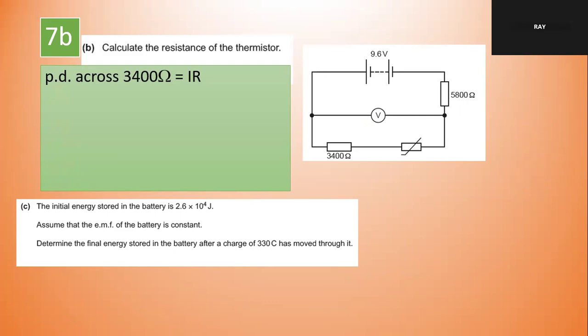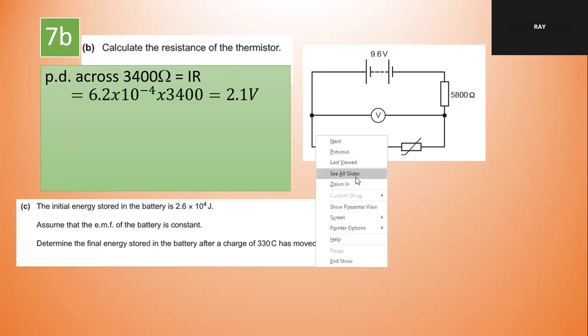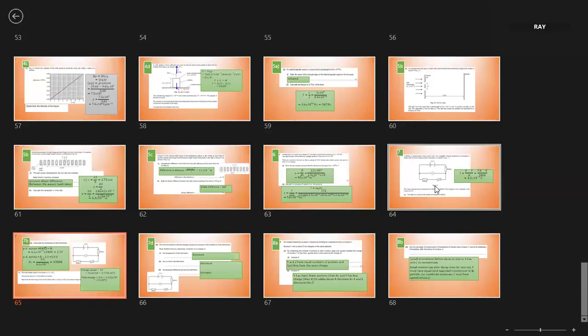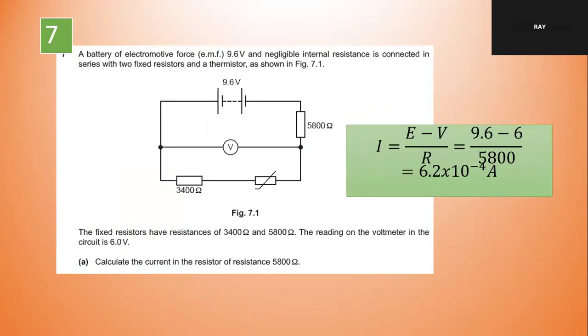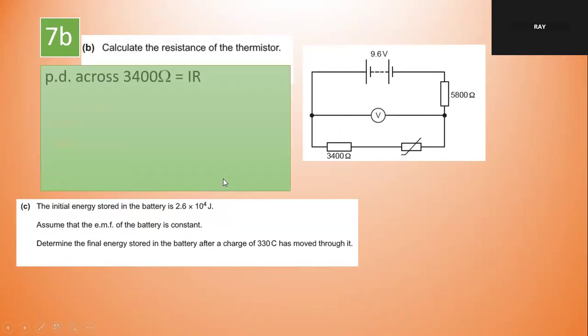PD across this one is the current through it times that resistance. The current we have calculated, and that resistance. So that's a PD across here.